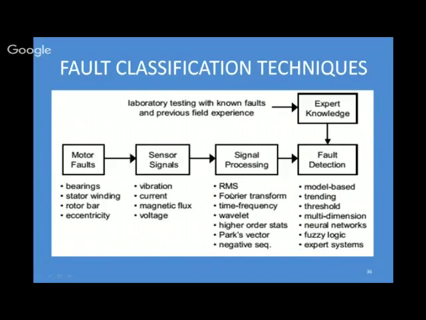It will first pre-process the signal in the form of RMS or wavelet. Then the algorithm is applied to get the final fault diagnosis. Here we can use the model based approach, neural networks or fuzzy logic, thresholding, trending, or expert systems to find the actual fault in the motor.